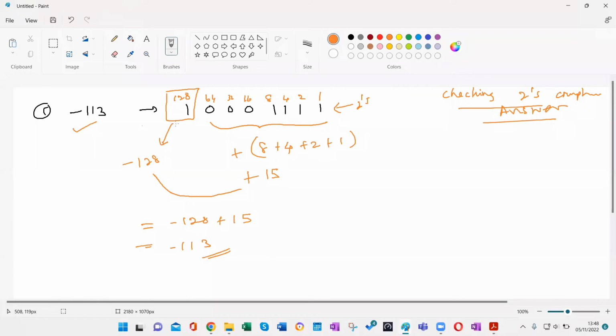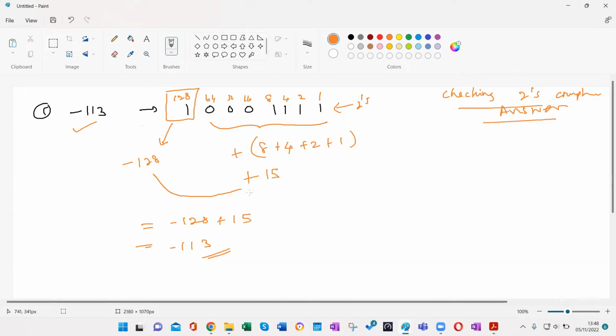Take the most significant bit, write its positional value as a negative value, which is minus 128. The rest of the bits, which is like the magnitude, represent as a positive value. Just add them up: 1 eight, 1 four, 1 two, and 1 one. Altogether, you have 15.